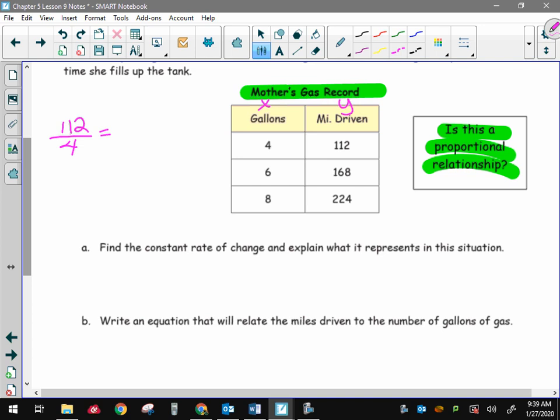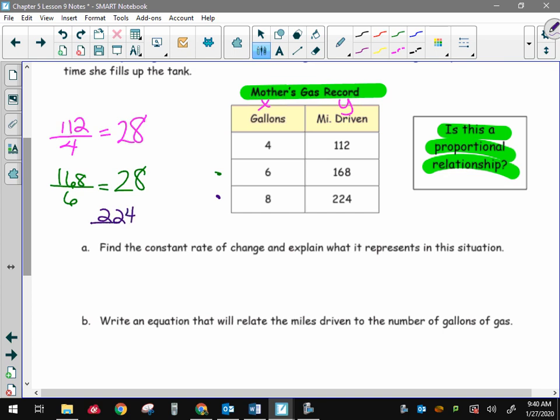What's 112 divided by 4? 28. Who said it? 28. Okay. Now what? Now what, Cole? We're going to do this one. Y goes on top. 168 divided by 6. What is it? 28. Kennedy, what now? 224 over 8.